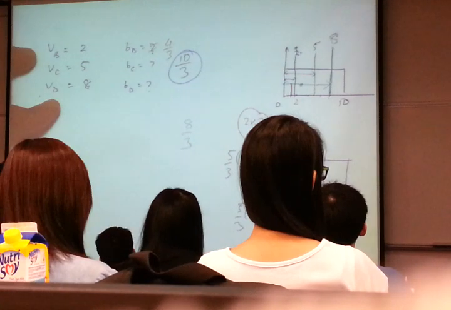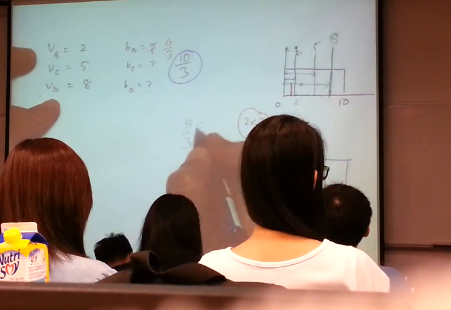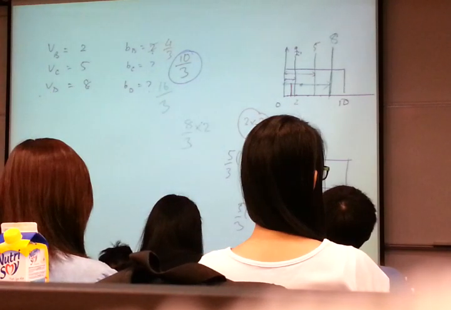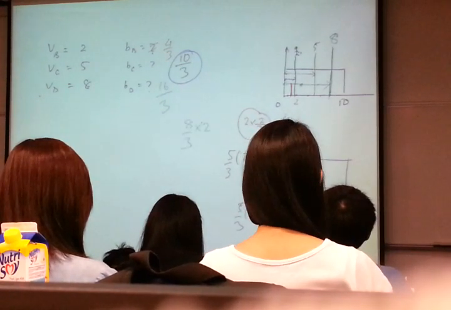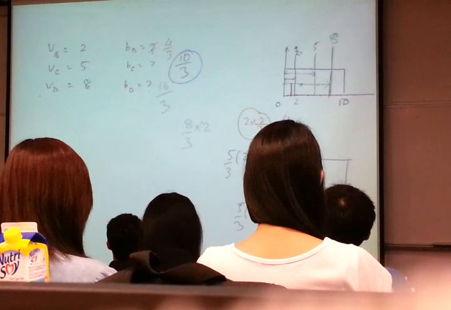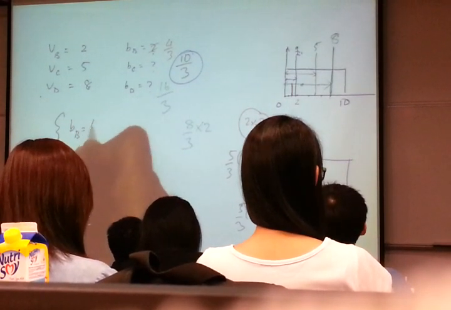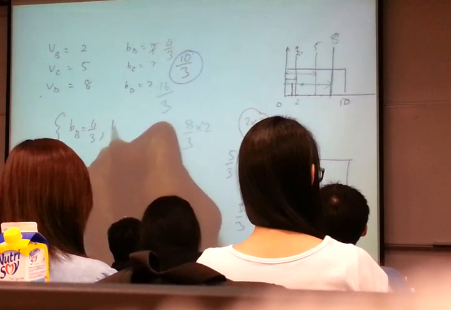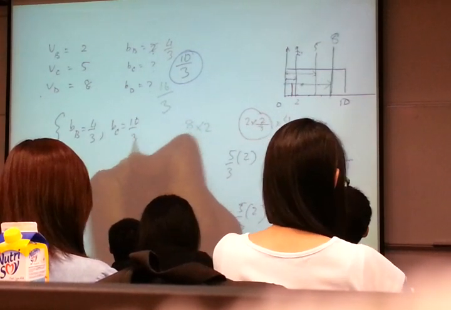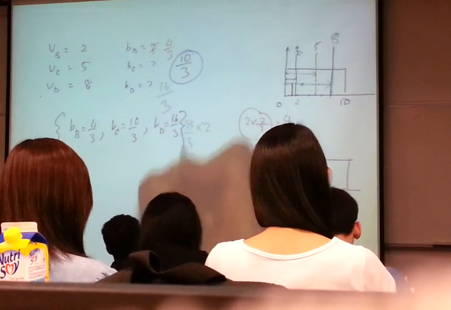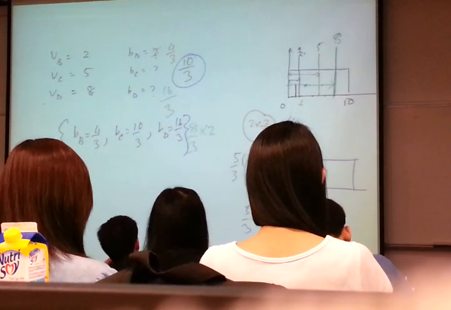He will take the second part, 2 times 8 over 3, that is 16 over 3. Yes? So the equilibrium bidding strategies for all players will be this: BB is equal to 4 over 3, BC is equal to 10 over 3, BD is equal to 16 over 3. This is the equilibrium set of bidding strategies.